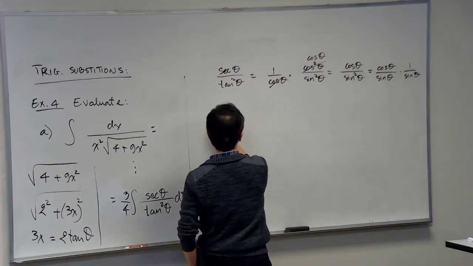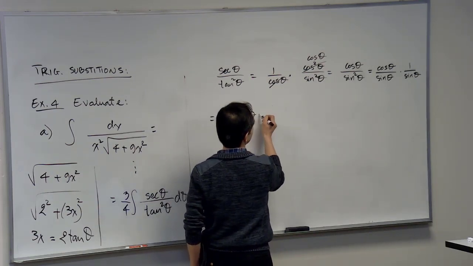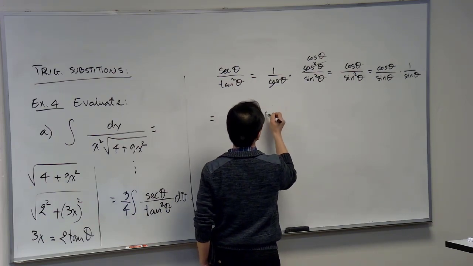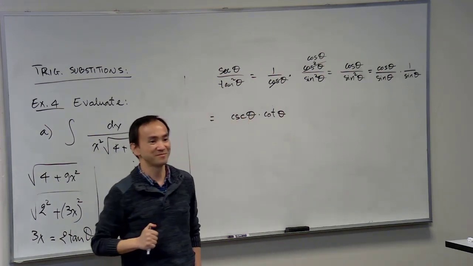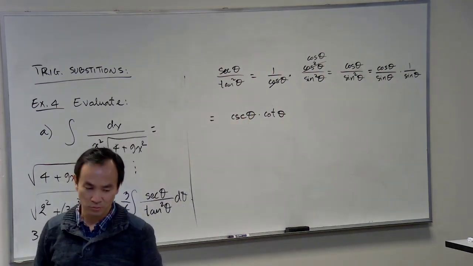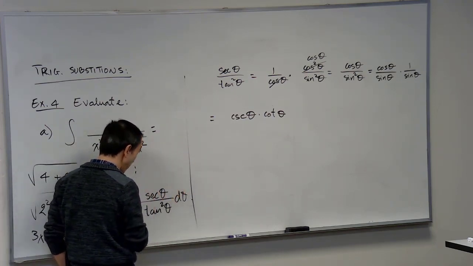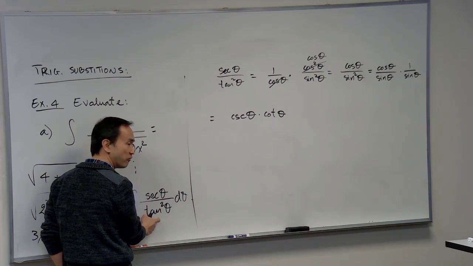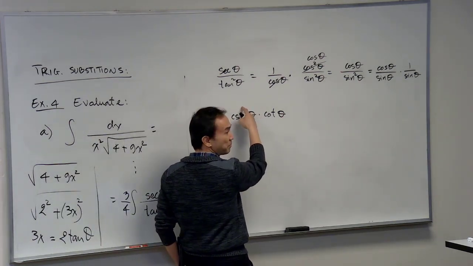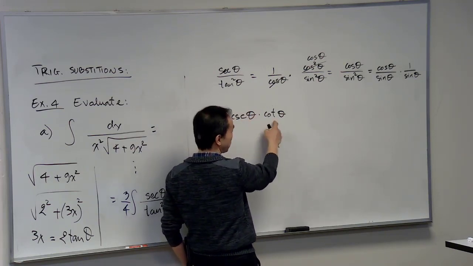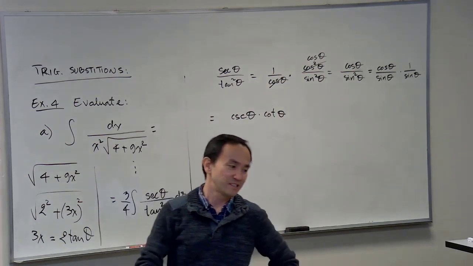So that turns it into a cosecant theta times a cotangent theta. Is everybody with me on that so far? Okay. So the trick here: it's a fraction that involves a power of secant over a power of tangent. I can turn that into a product of a cosecant with some power, and multiply with a cotangent with some power. See what I'm saying? No? Okay, so that's one of the tricks there.